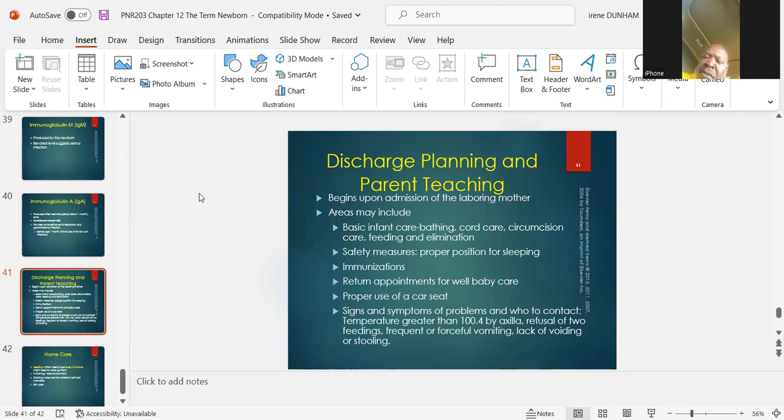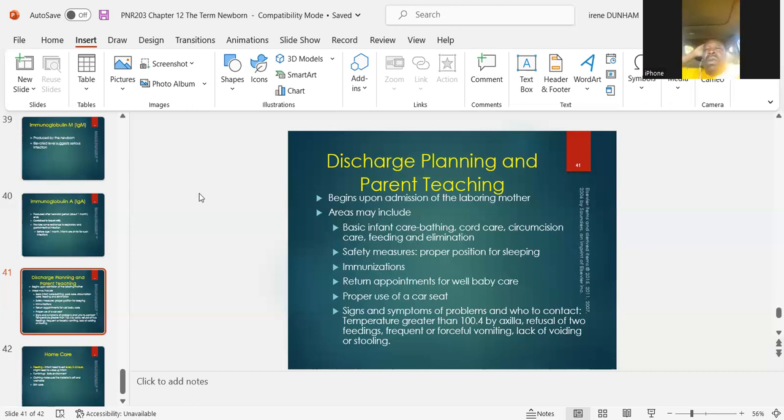That means cord care, circumcision care, feeding, and changing diapers, okay? The baby's having enough wet diapers, at least 6 wet diapers a day, to know that he's urinating okay. He has a meconium stool, or now he's breastfeeding and now he's got more yellowish stool. You got to teach mom how to do all this.